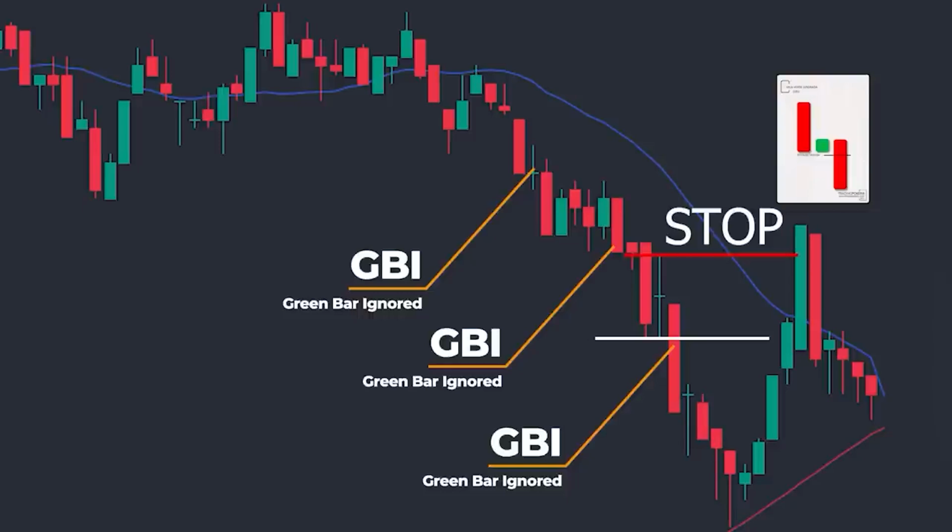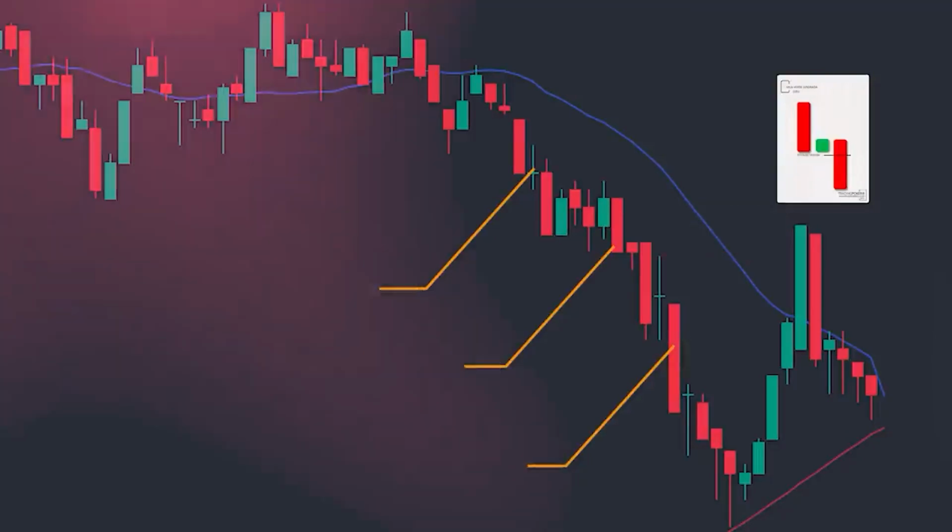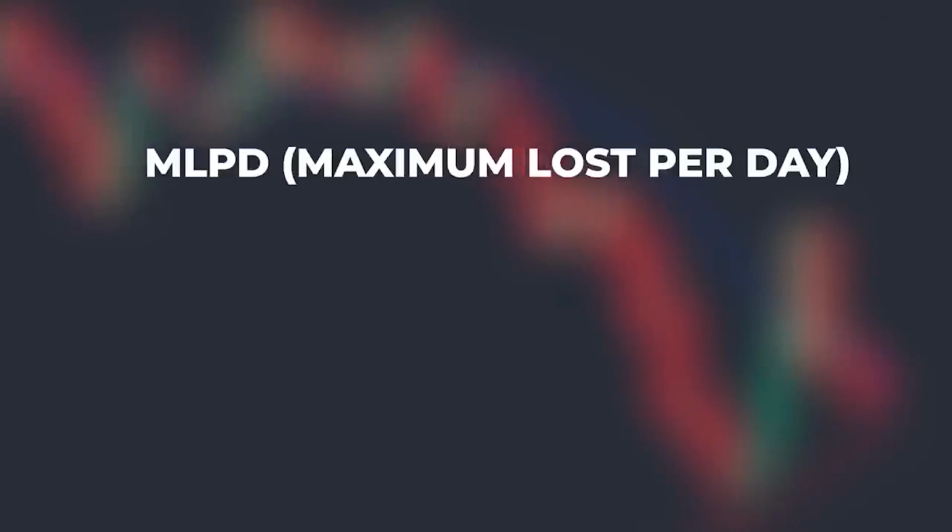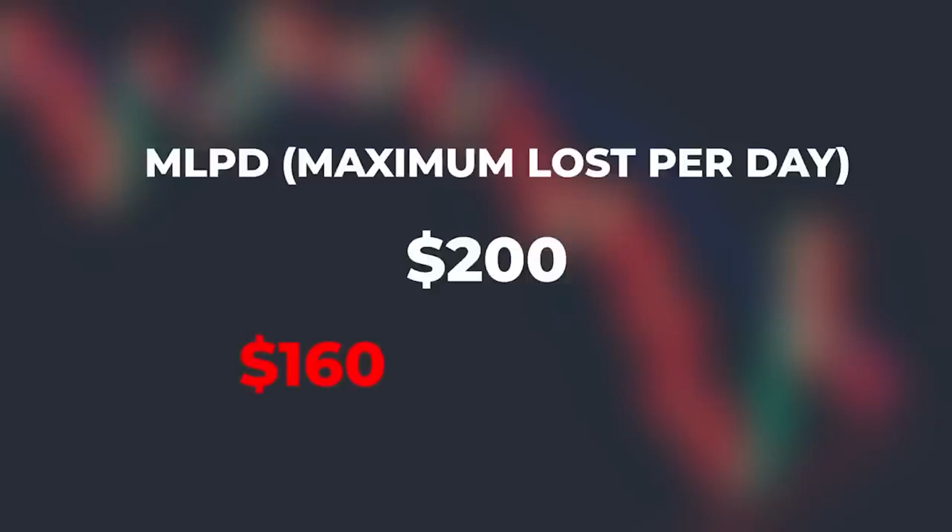Now, what are some of the scenarios in which you might just have to become RBI and GBI focused? Let's say you have a maximum loss per day of $200, like many traders in my program, and you've already lost $160.